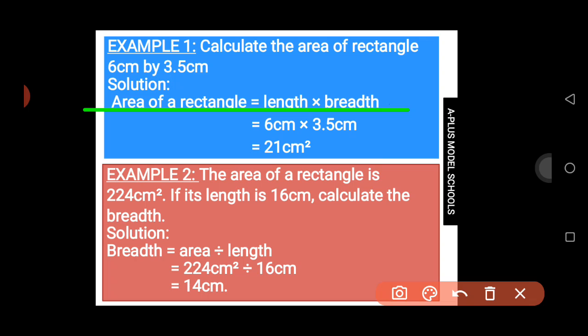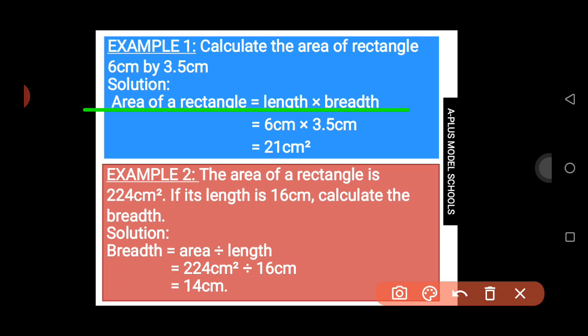Once you forget the formula, you already miss the work. So the best thing is to memorize the formula. So the formula for finding the area of a rectangle is length times breadth, where my length is longer than the breadth. So the length is 6 centimeters and the breadth is 3.5 centimeters.